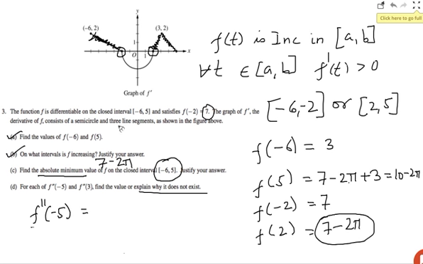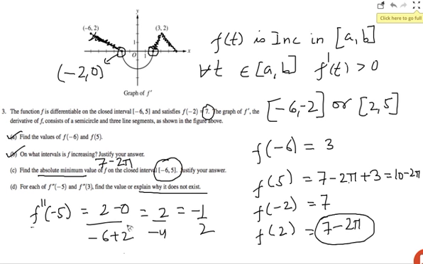The slope of this line is going to be just y2 minus y1. Remember, the coordinates of this point are minus 2 comma 0. So y2 minus y1 by x2 minus x1 is going to be 2 by minus 4, which is minus half, right? So f double dash minus 5 is going to be minus half. But what about f double dash 3?